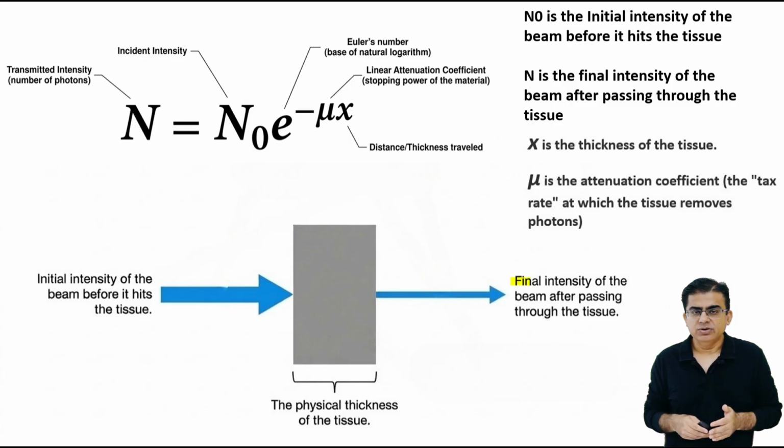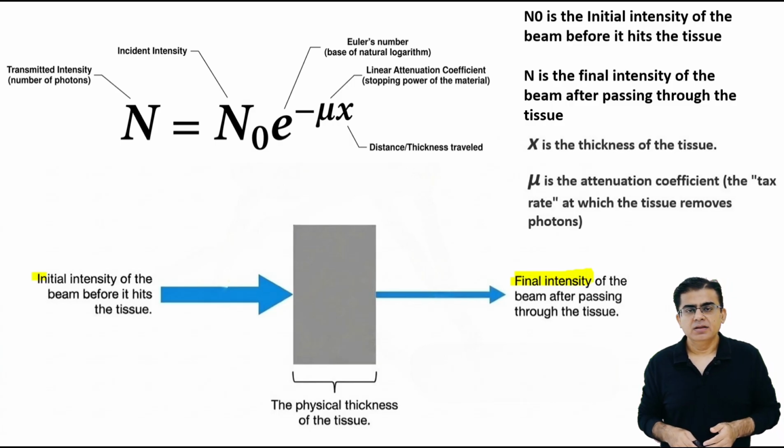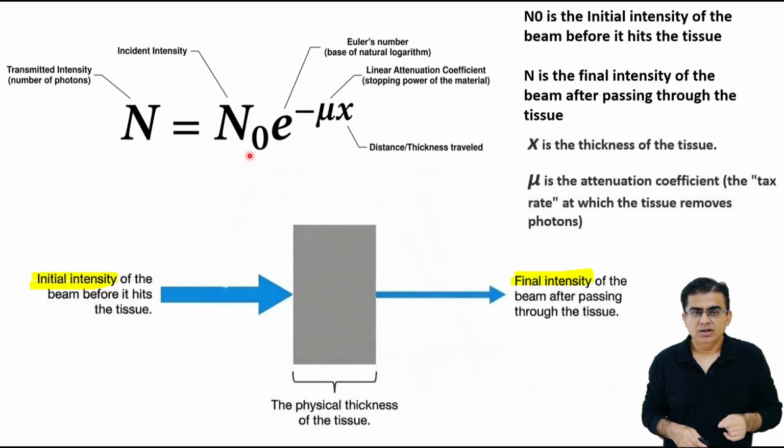Now let us see the equation. The equation reads as N of x equals N0 multiplied by e to the power of minus mu x. Do not let this mathematical formula intimidate you.